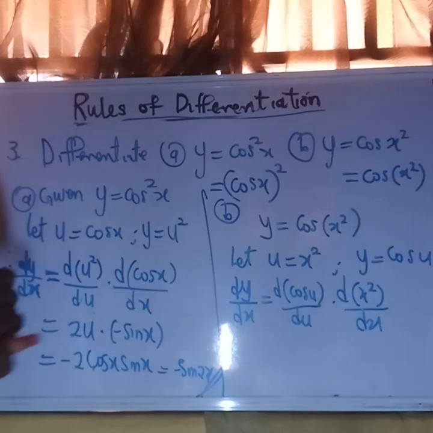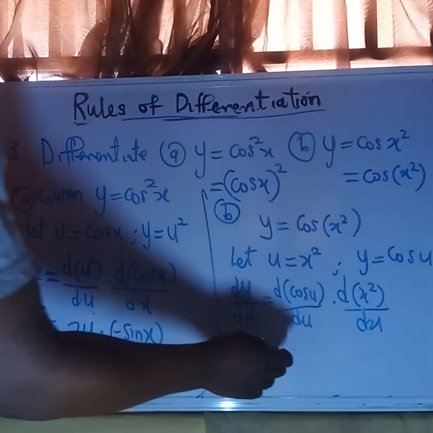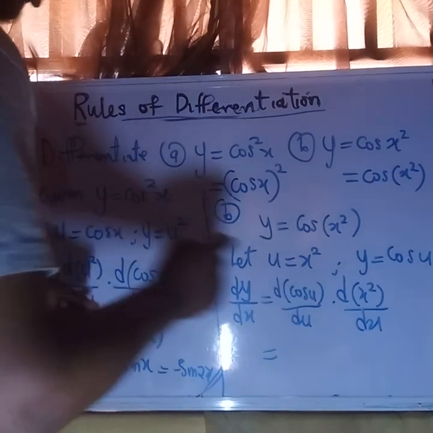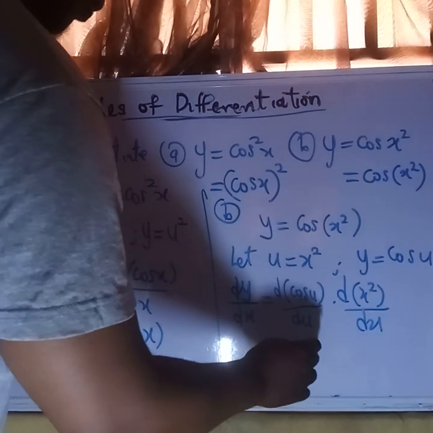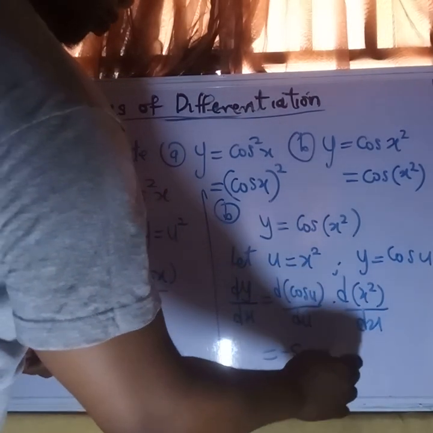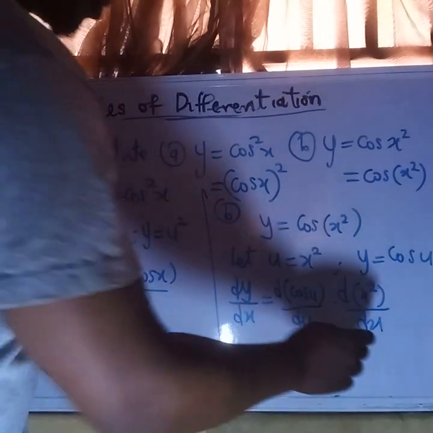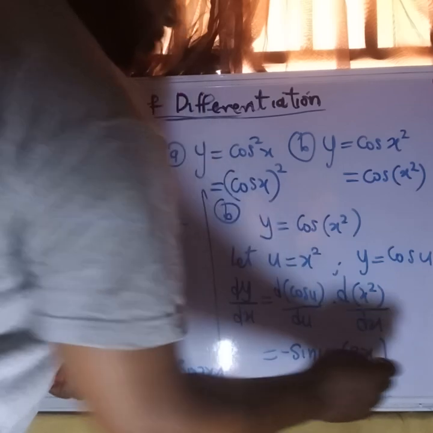When we differentiate cos with respect to the argument u, this is negative sin u, multiplied by the derivative of x squared with respect to x, which is 2x.